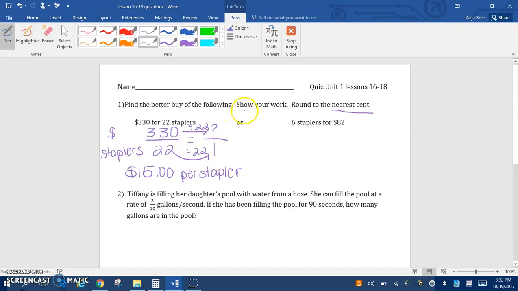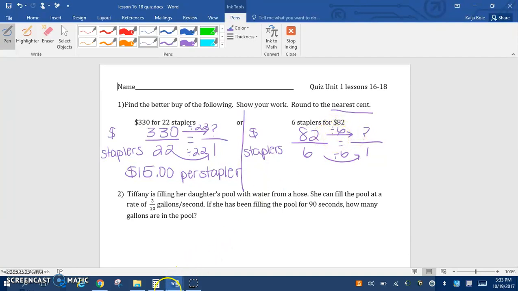Alright, now my second one, I have money and I have staplers again. This time I have $82 for 6 staplers. So now when I look to find the value of 1, I'm going to have to divide by 6 on the bottom and on the top.